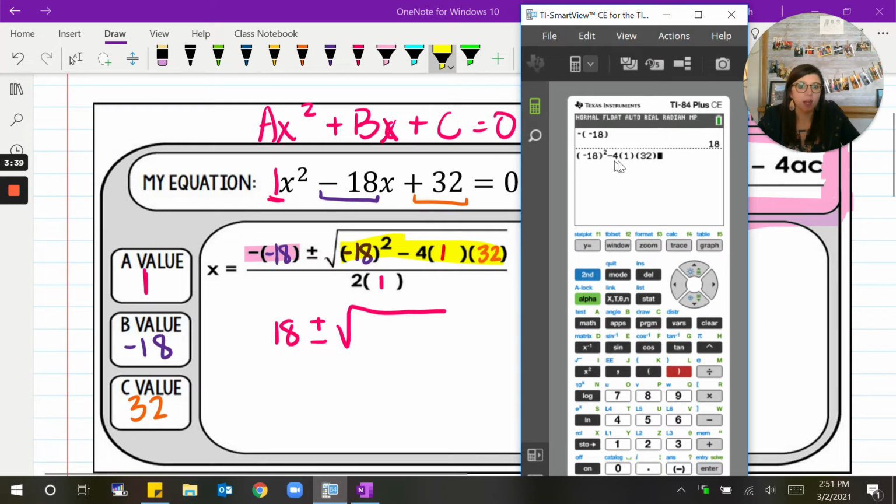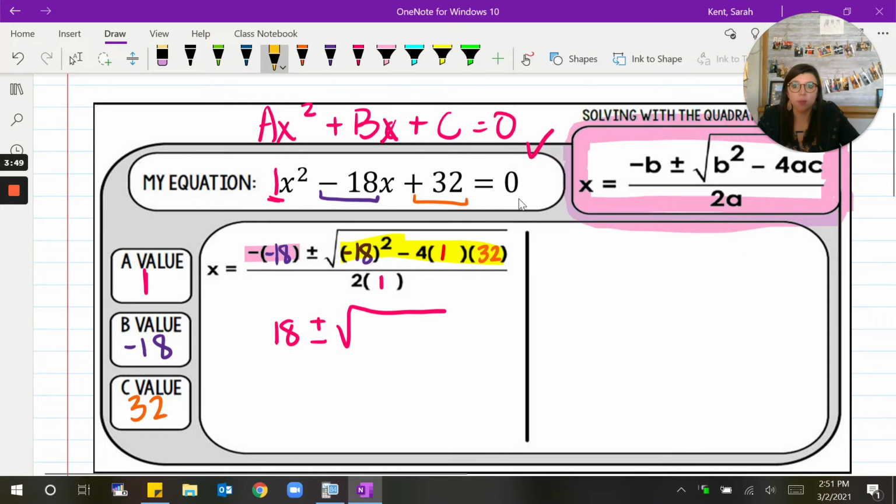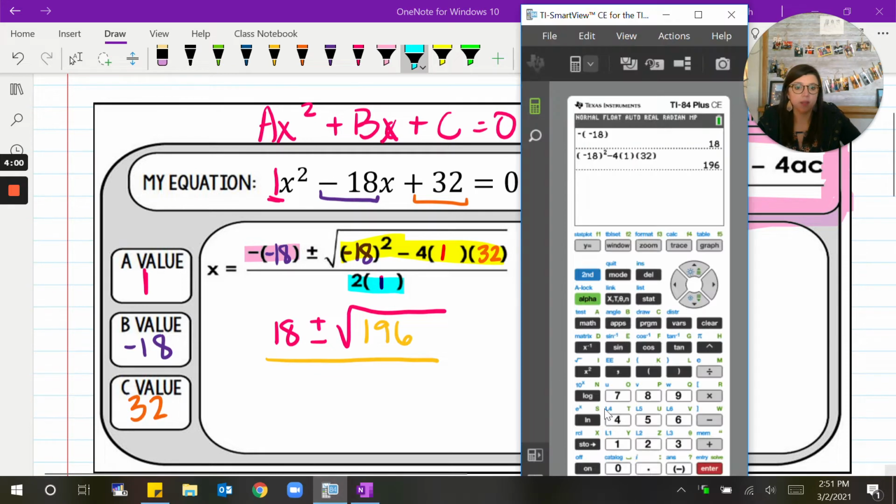Notice all of this matches my paper. I'll press enter and I get 196. So under that square root, I'm going to write 196. And then the final part is the 2 times 1. I can type in 2 parentheses 1, enter, and I get 2.